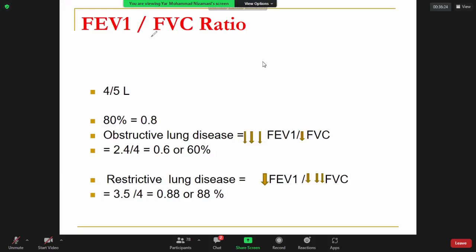बेटा अब सवाल पैदा होता है, हमने शुरू में कहा था कि जो FEV1 है वो 4 लीटर है, we have said that FVC is 5 लीटर, हमने शुरू में डिस्कस किया था बच्चा। तो नॉर्मली it is 80%, FEV1 is 80%, 0.8। अब ऑब्स्ट्रक्टिव लंग डिजीज में क्या मसला है?